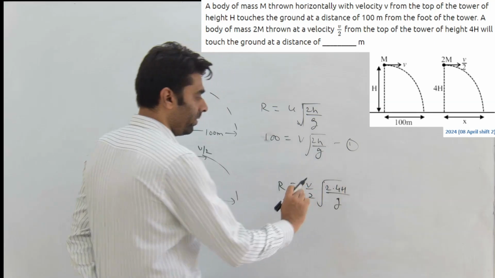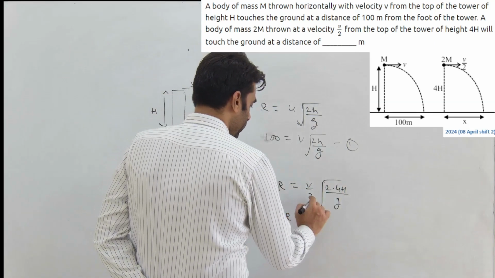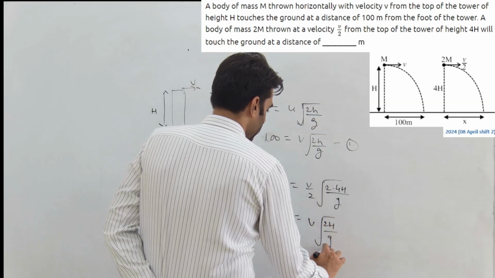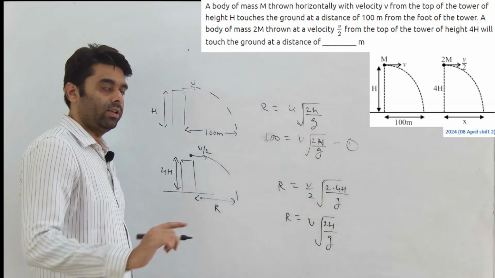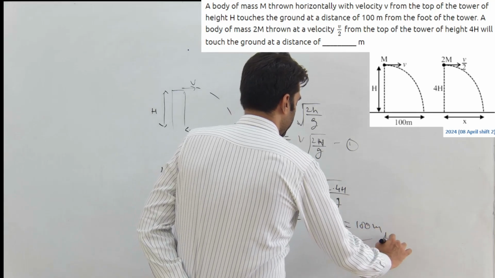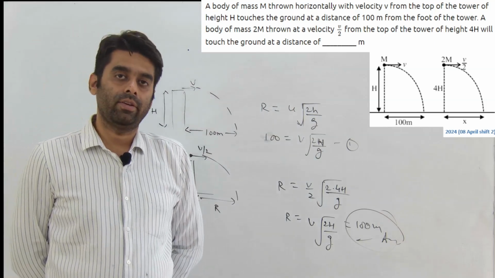So this 4 when taken out of the root becomes 2, and this 2 and 2 will cancel out. We will get again v root over 2h by g, the same as what we got earlier. Therefore, in this case also the range will come out to be 100 meter only. So the answer for this question will be 100 meter.